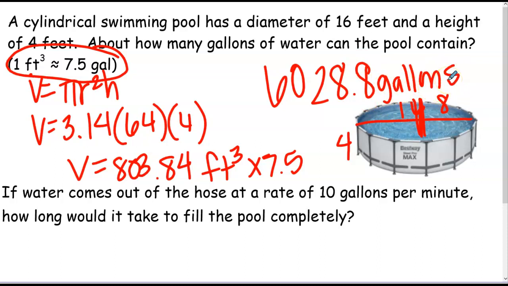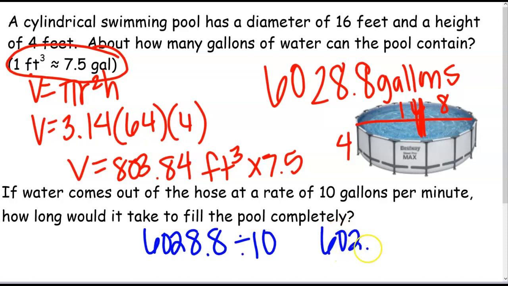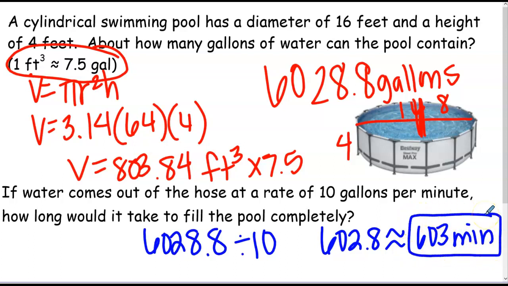Okay, next question asks me, if water comes out of the hose at 10 gallons per minute, how long would it take? Well, that seems like it could be an easy division problem. I'm just going to divide by 10 because I'm going to take it into groups of 10. So if I divide that by 10, I get 602.8, or let's say 603 minutes. So if minutes is what I'm looking for, it's going to take me 603 minutes.